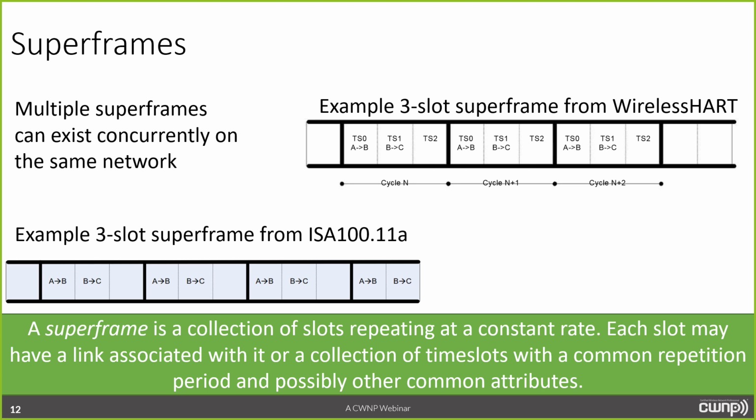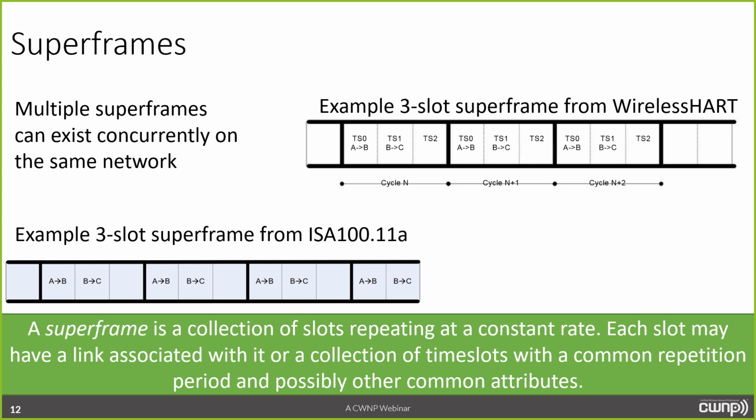Do you notice, not only are they similar, literally the dark lines going across the top and the bottom both just happen to have rounded ends on them. It's just in ISA100.11a, they're shaded in blue, and then the text inside is a little different, and WirelessHART adds this extra cycle n plus 1, n plus 2, and so forth nomenclature. So the graphics are so similar, it makes you think they either looked at each other or they literally used the same base graphic to build it out.